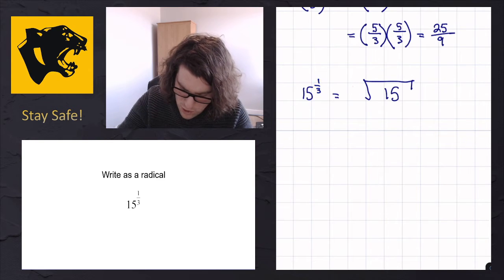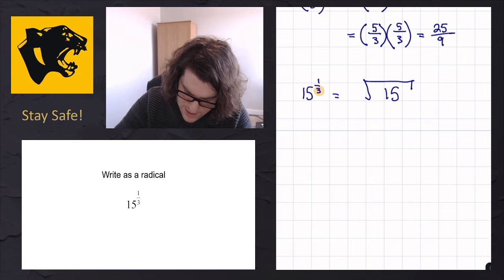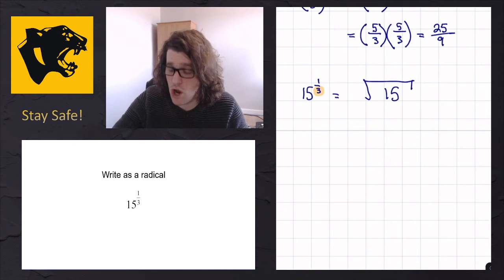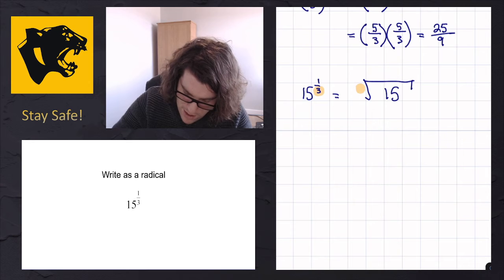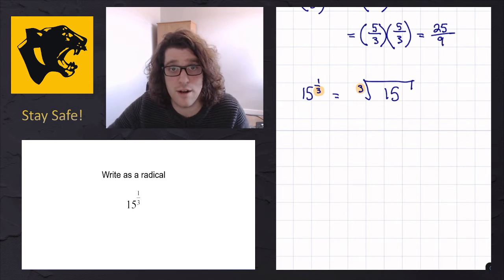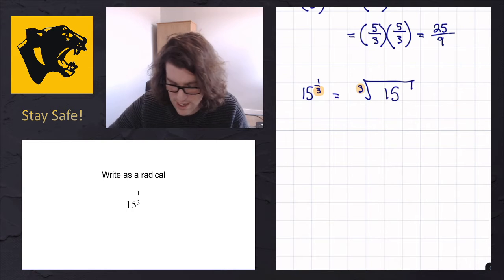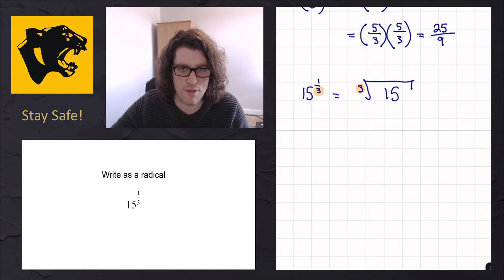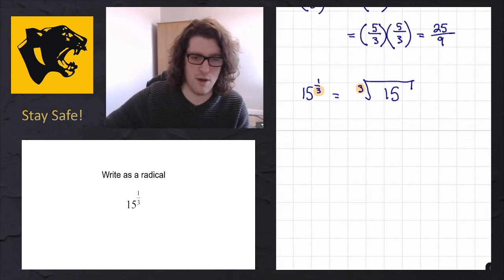Actually, if I want to be a little more specific, because it's written in fraction form, it's actually the denominator of the fraction that determines the index of the radical. So this is 15 to the 1/3 power. That means we have 15 cube rooted, so the index of 3, the same as the denominator of 3 for the fraction.